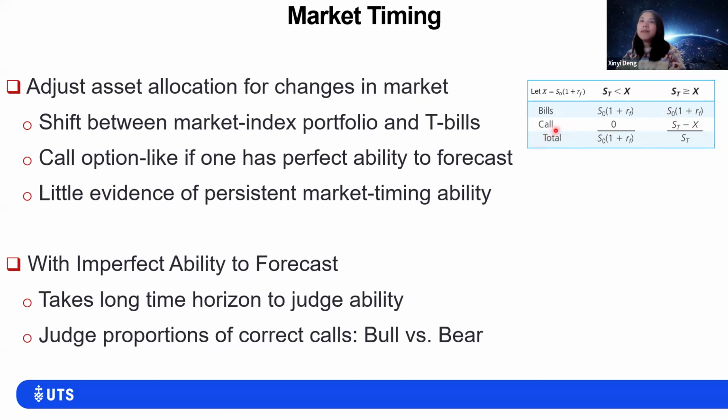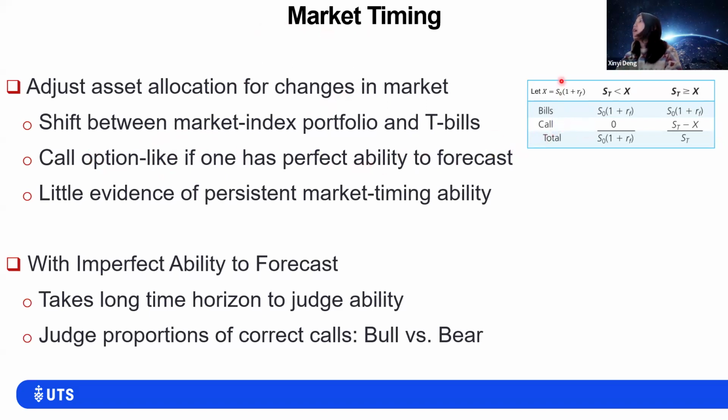Because the payoff of the combination of the bill and the timing ability is exactly the same as the payoff of the combination of the bill and the call, this means that perfect market timing ability is like a call option, and we can try to estimate the value of the market timing ability by calculating the value of the corresponding call option.